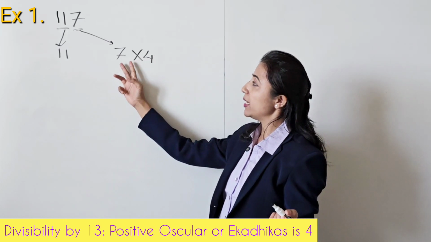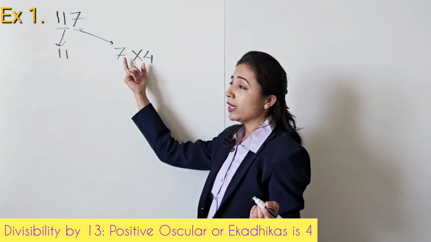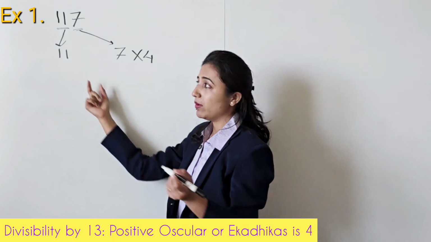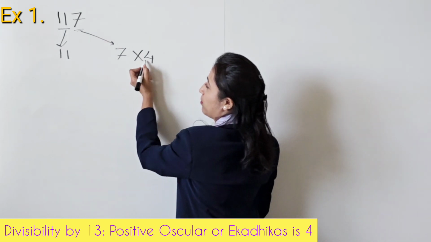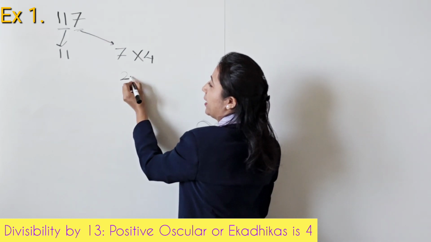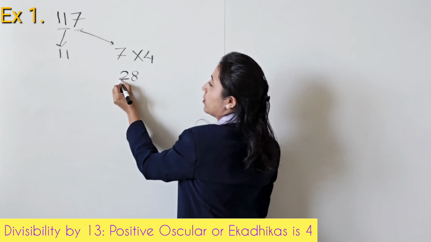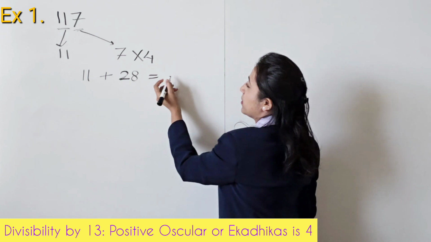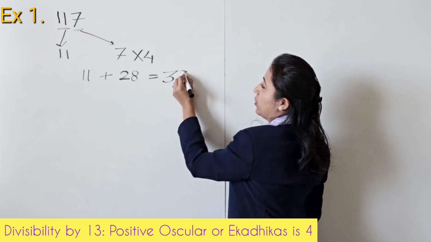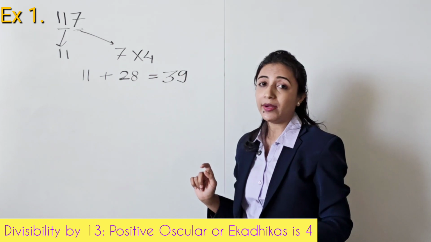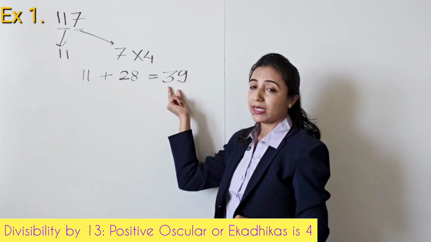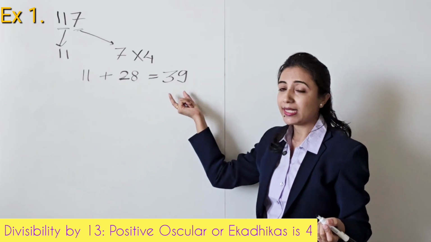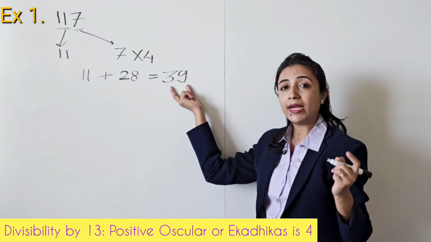Multiply this 4 to the last number and add that product to the remaining part of the number. Here the remaining part is 11, and the product of 7 and 4 is 28. 28 plus 11 is 39, and we know that 39 is divisible by 13. 13 threes are 39, that means 39 is divisible by 13.